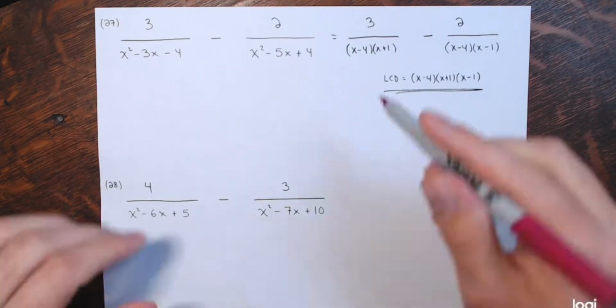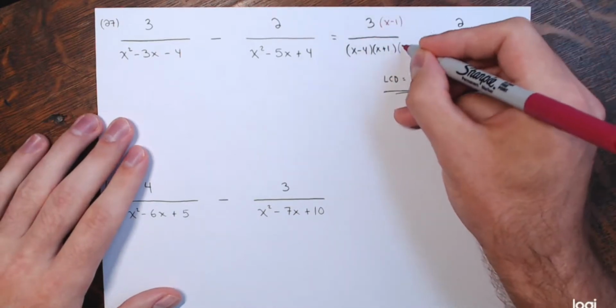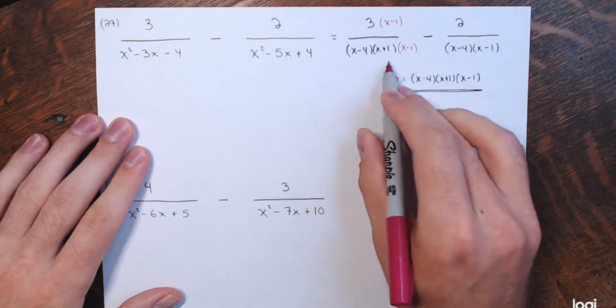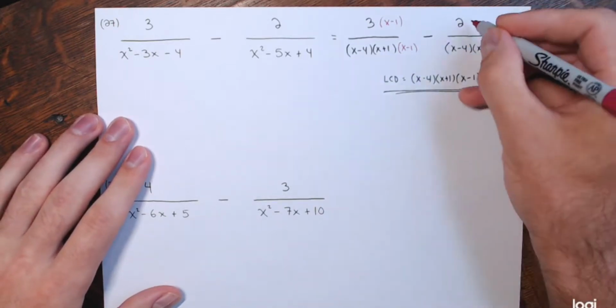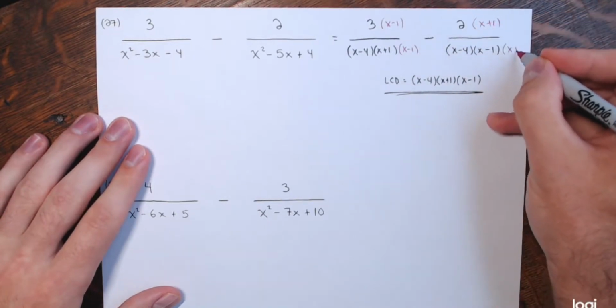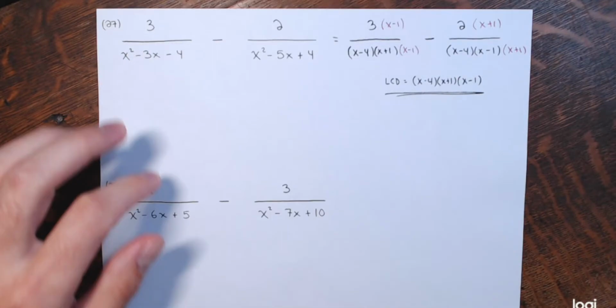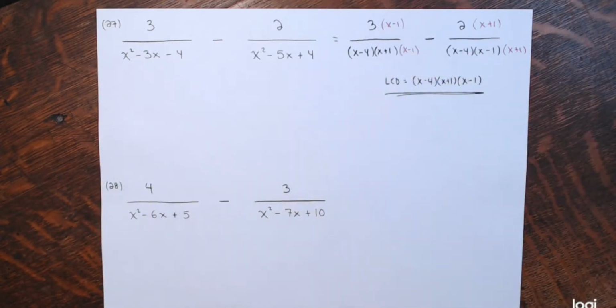So in the first fraction, I need to multiply the numerator and denominator by the factor x minus 1 to get the denominator to be the LCD. Second fraction, I need to multiply the numerator and denominator by x plus 1, right, to get the denominator to be the LCD. Now the denominators are the same.